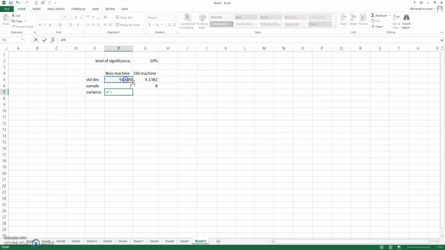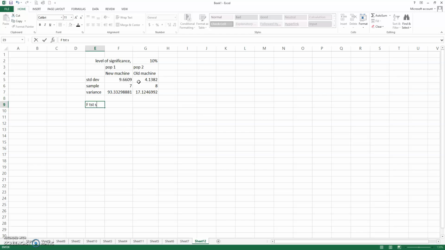The variance is just the standard deviation squared. So those are the two values for the variance. The new machine is going to be viewed as population 1 because it's larger. This value, 93.33, is larger than 17.12. Therefore, the new machine is population 1, old machine, population 2.